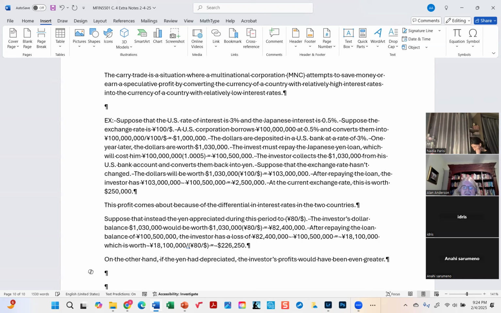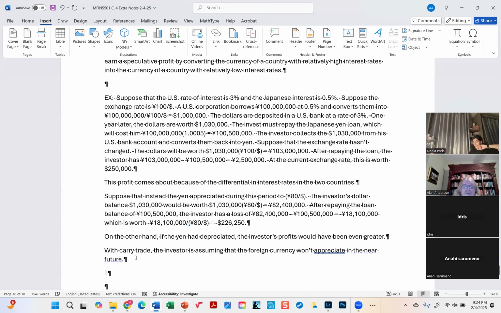So this is the key to the whole thing. With the carry trade, the investor is hoping or assuming that the foreign currency won't appreciate in the near future. So if you're really convinced of that, and if you can find a currency with a much lower interest rate, you're in business.